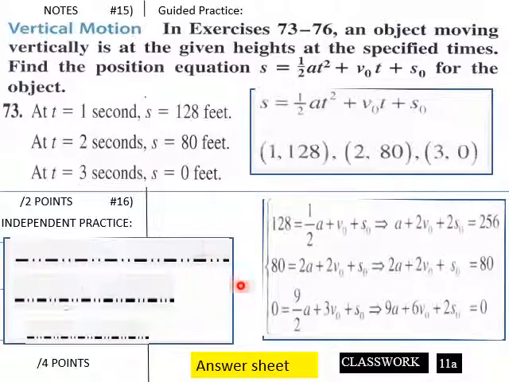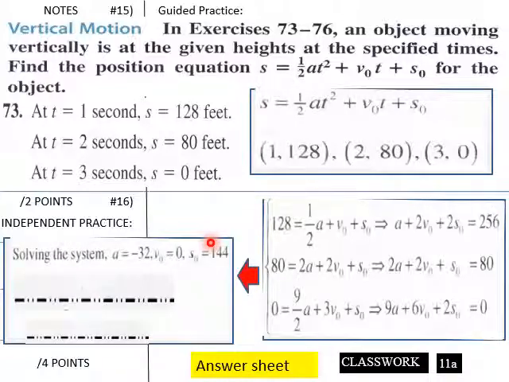And then at 3 seconds, we will come up with a 0 here. That's what our conditions will produce when t equals 3, s equals 0. So solving the system, a equals negative 32. When we solve the system, v naught equals 0 and s naught equals 144.